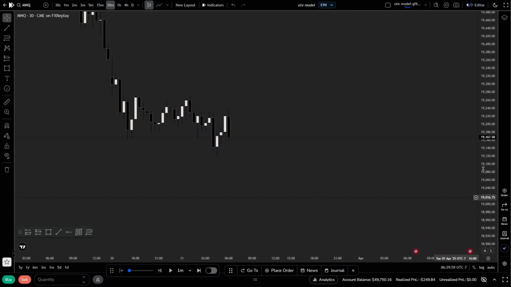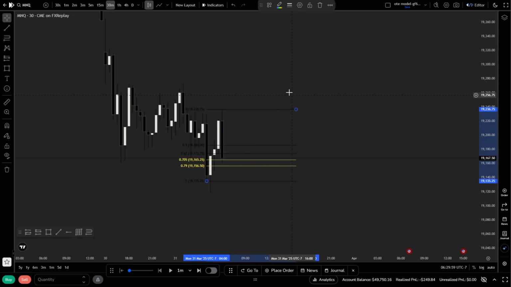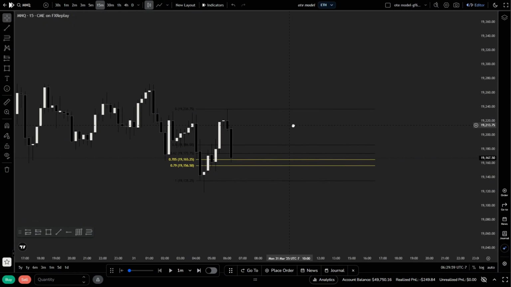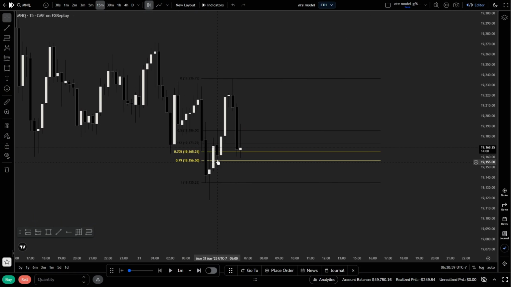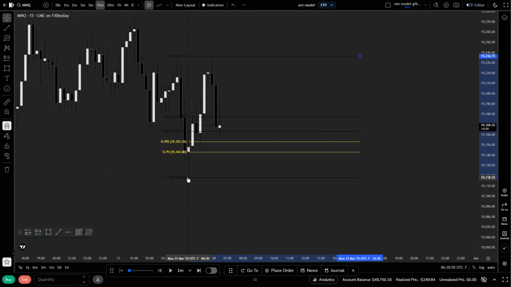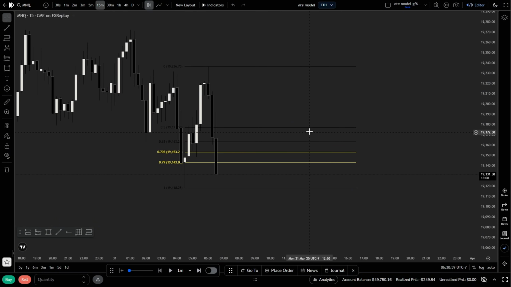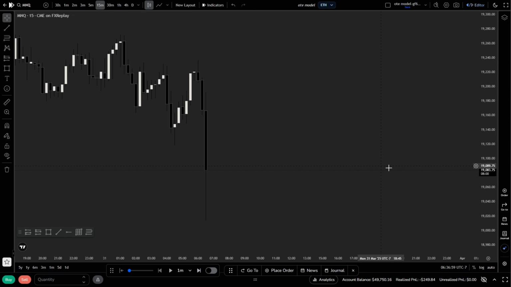Let's see, right here. Nice and low. We're already in this. Alright. The bullish rejection block down here. Okay. And we're gonna dump. Okay.